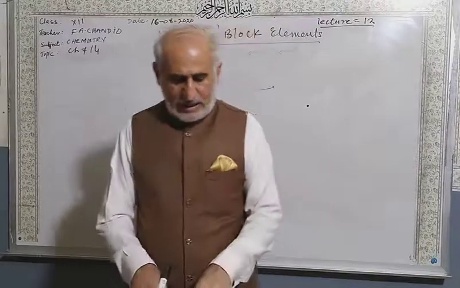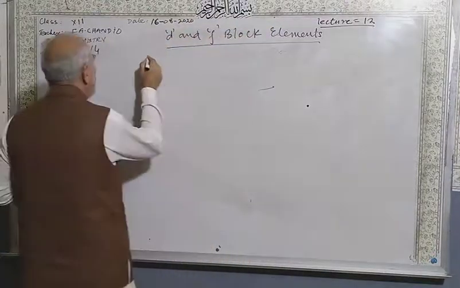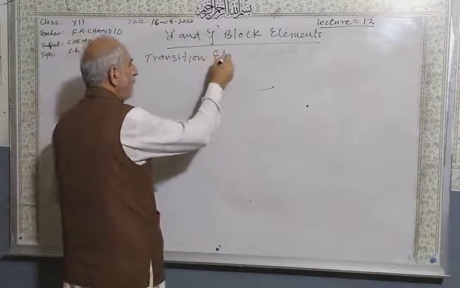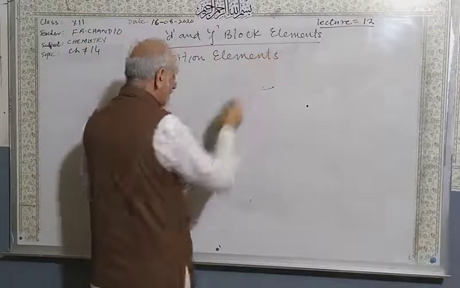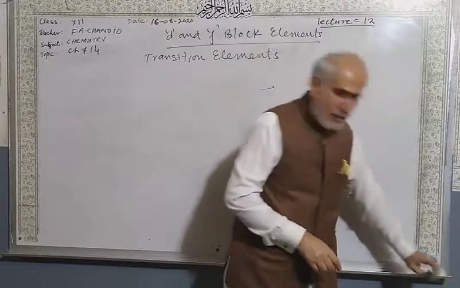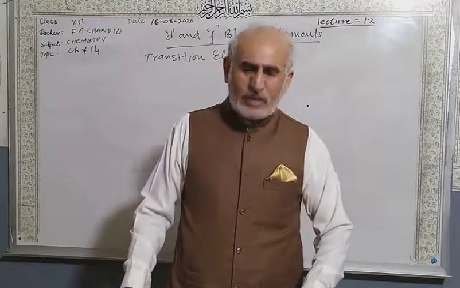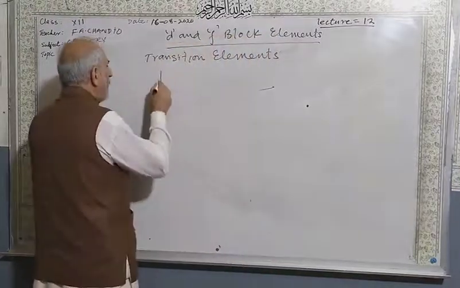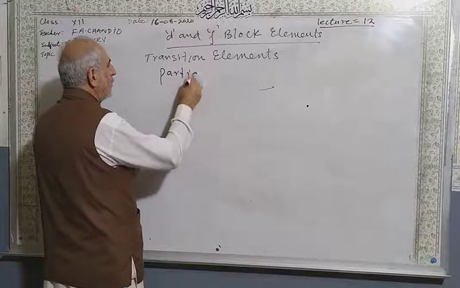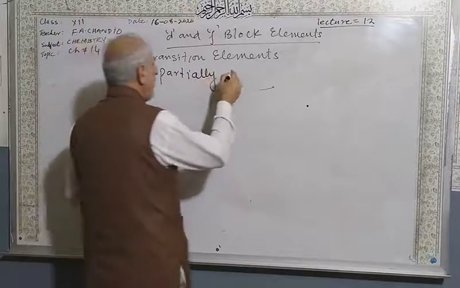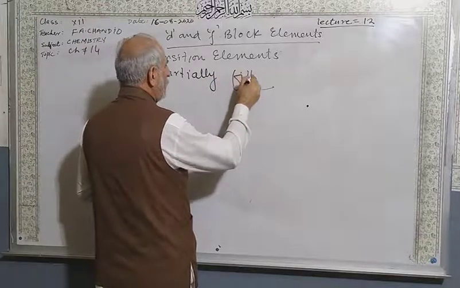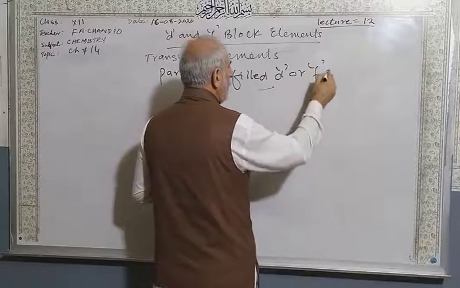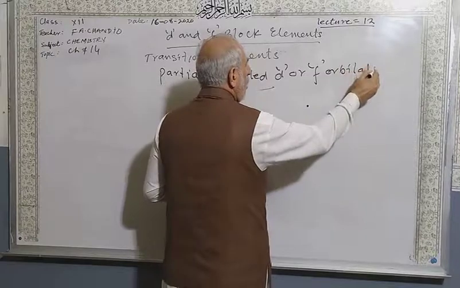So first we will see what are the transition elements. What are the transition elements? According to the definition of transition elements, the elements which have partially filled D or F orbitals.